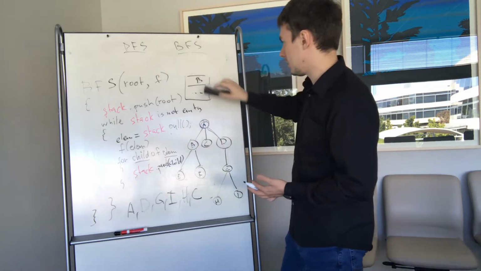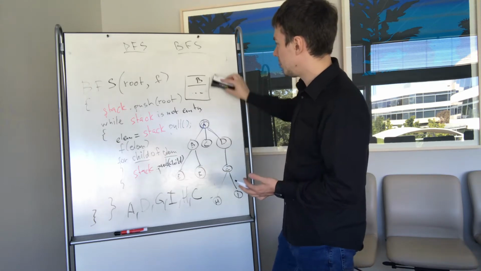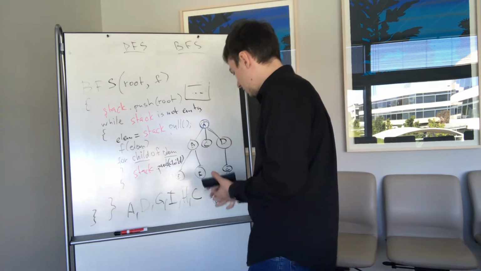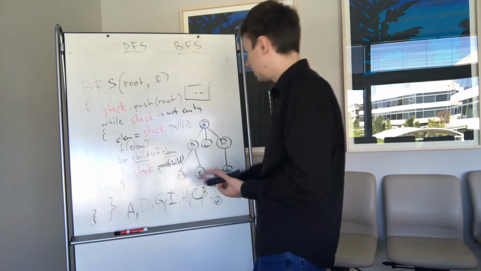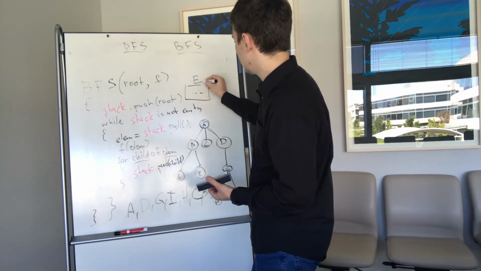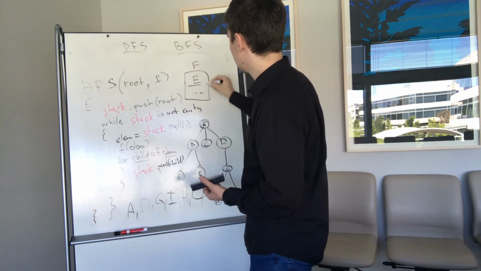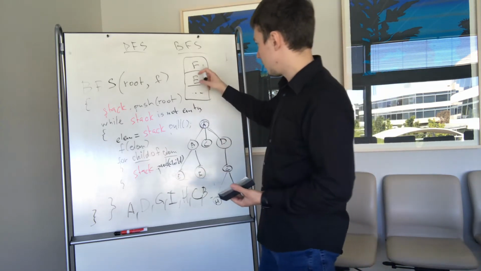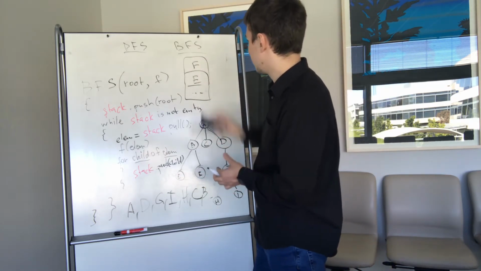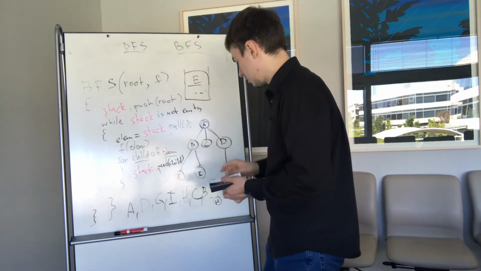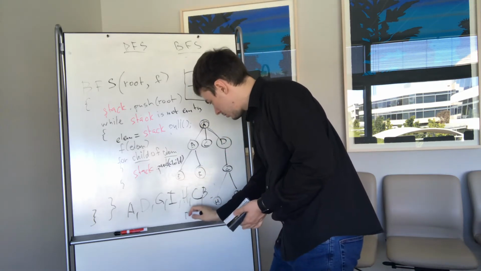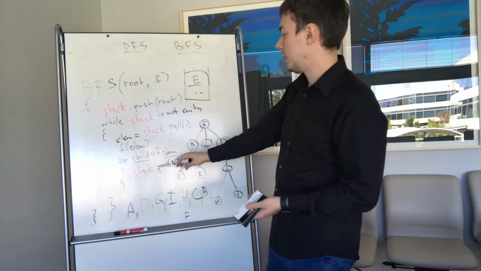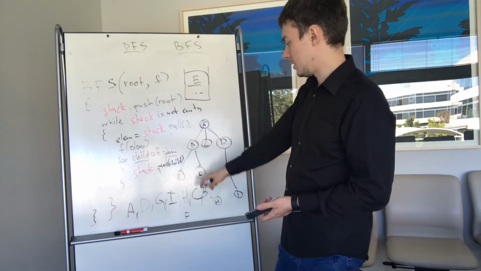We take the first element, B, print it, and add elements E and F. We pull F, print it, we cannot add its children because it has no children.